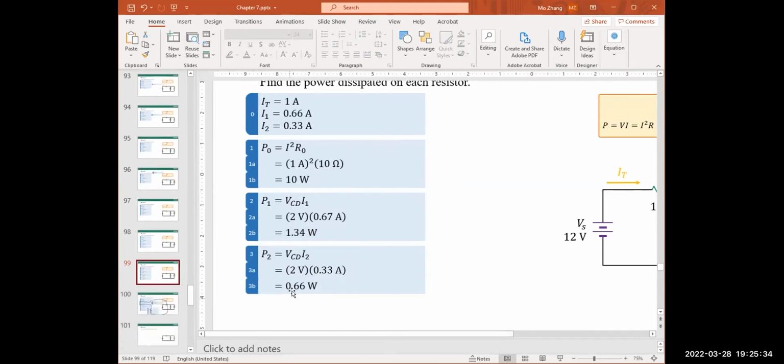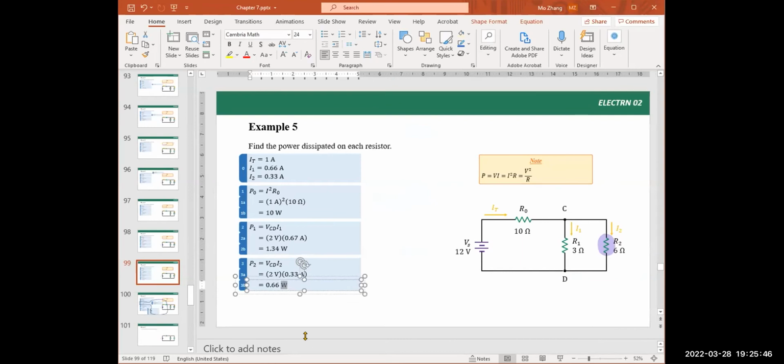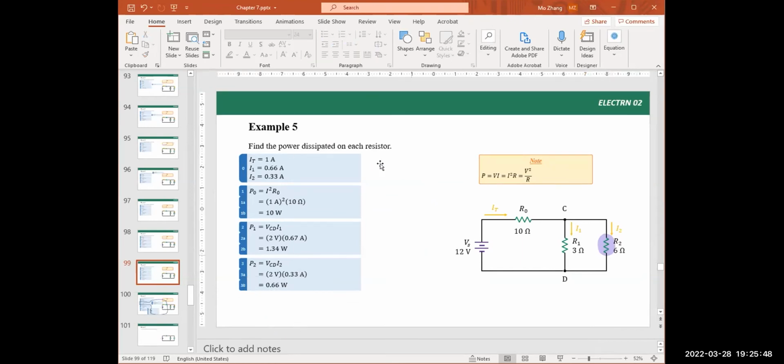So 2 times 0.33 is 0.66. No prefixes here, so the unit is just the standard unit for power, watt. So now we have found the power dissipated on all resistors. And this is the end of example 5.